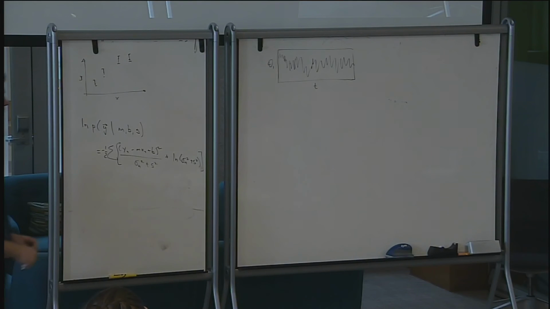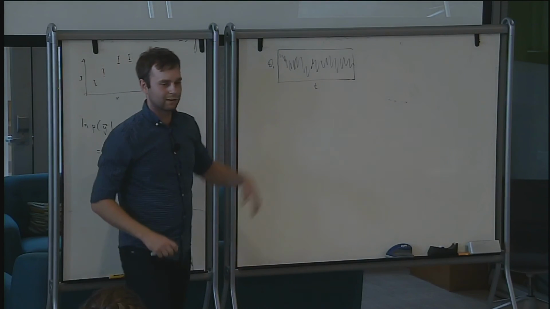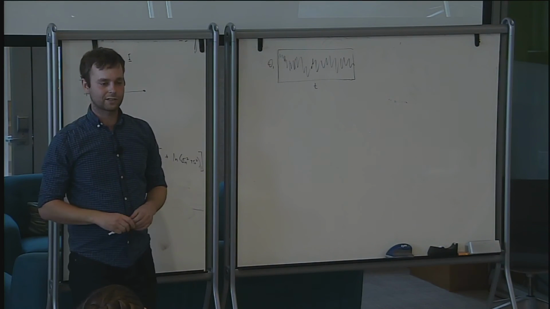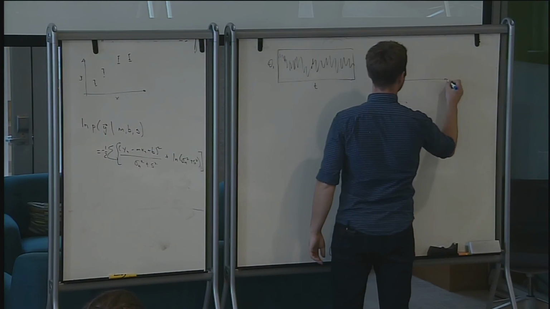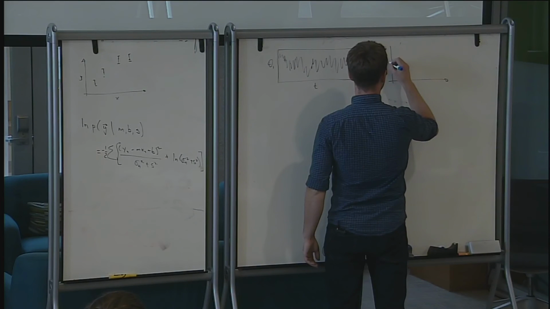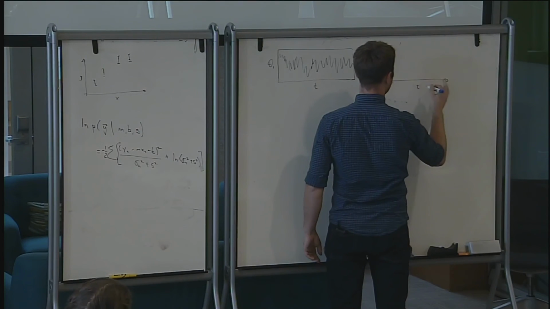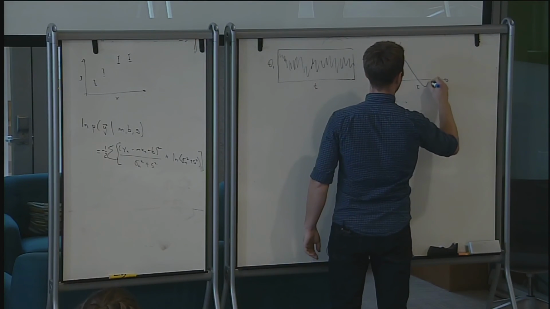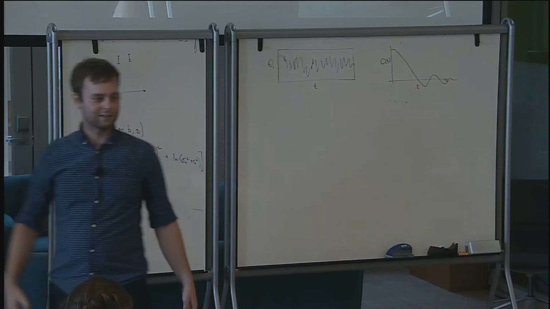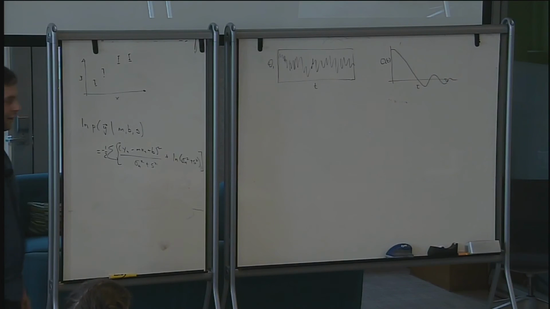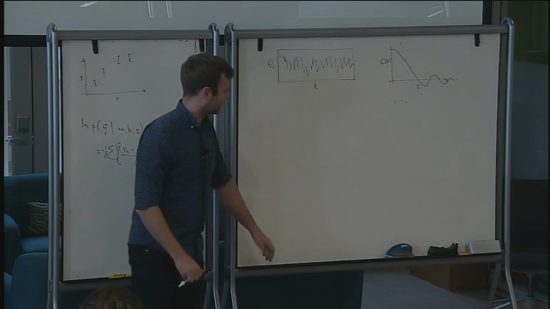And one thing that we could do is look at the autocorrelation function of that. And that's going to look something like this, where tau is the time lag, and it's going to go something like that if we have a good sampler. That's what the autocorrelation function should look something like.